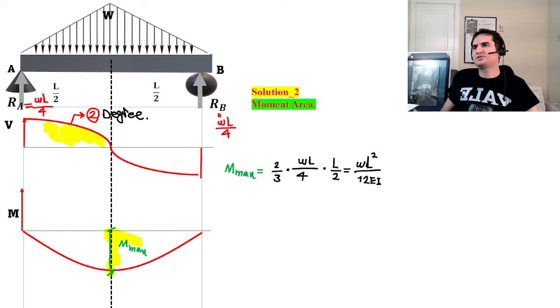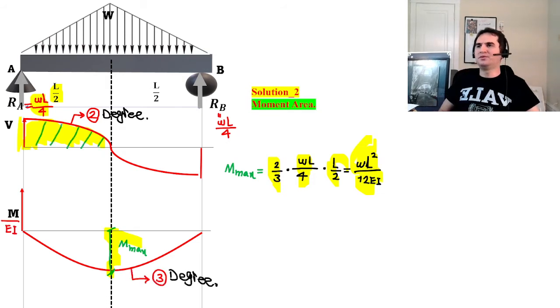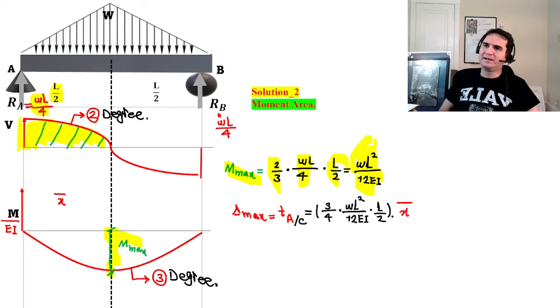The area under shear, we just know that's 2/3 of the height, which is WL over 4, times the base, which is L over 2, half of the length. So that gives us WL squared over 12 EI. And at the same time, we do know that's the area under shear. Sorry, that's our shear maximum.